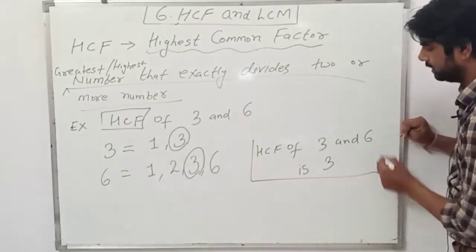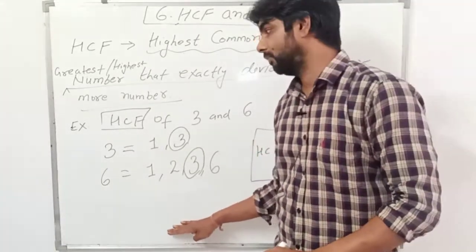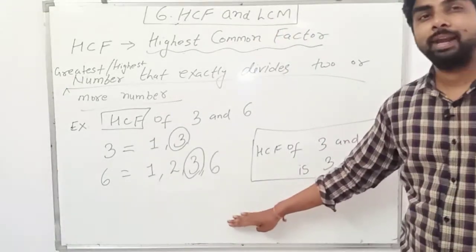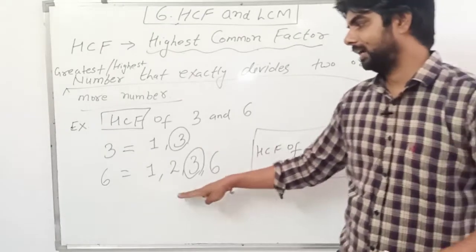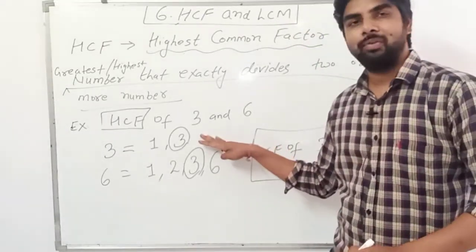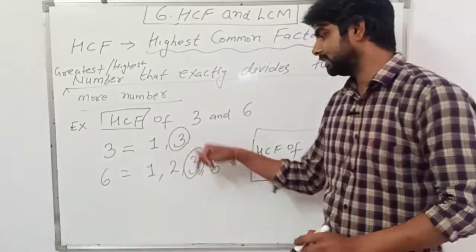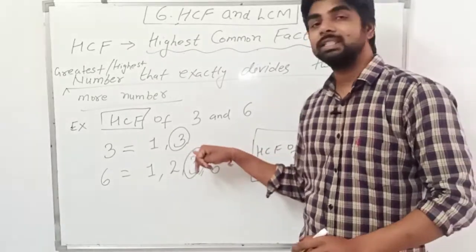Okay, so this is the method of finding out HCF by factor method. First we will write the factors of one number, and then we will write the factors of other number, and then we will find out which factor is in both the numbers or both the factors which is greatest.